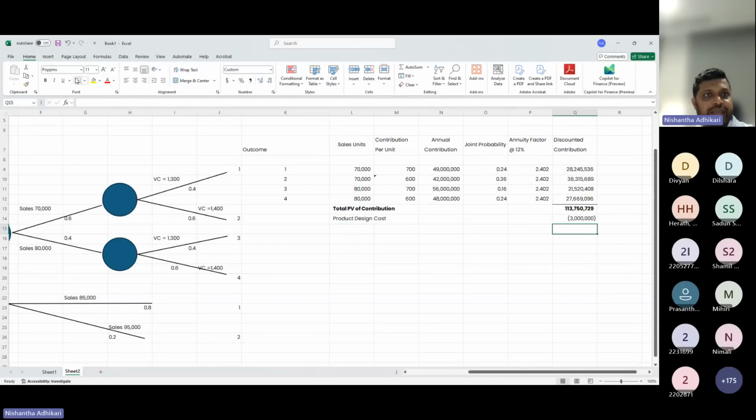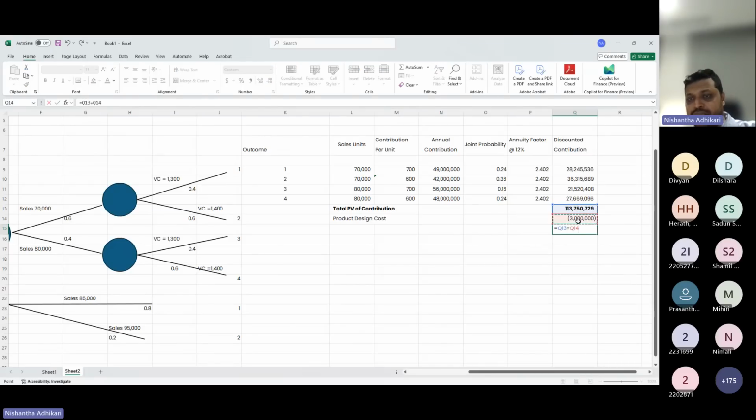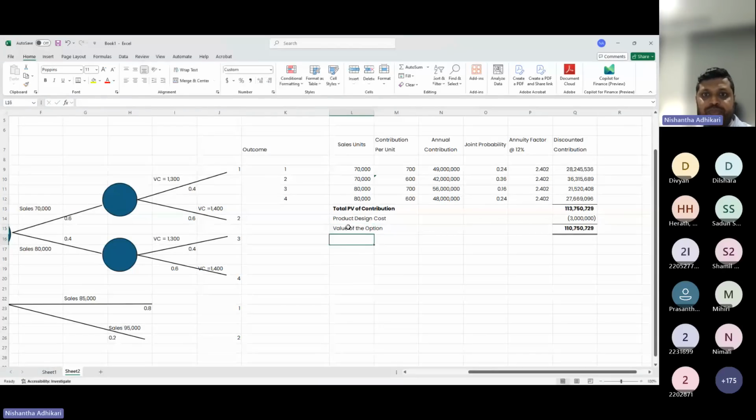Then you can get the value of net profit of this option. 113 million plus 3 million minus 3 million, 110 million. Value of the option, value of the product design: 110 million 750,000. That is the amount.